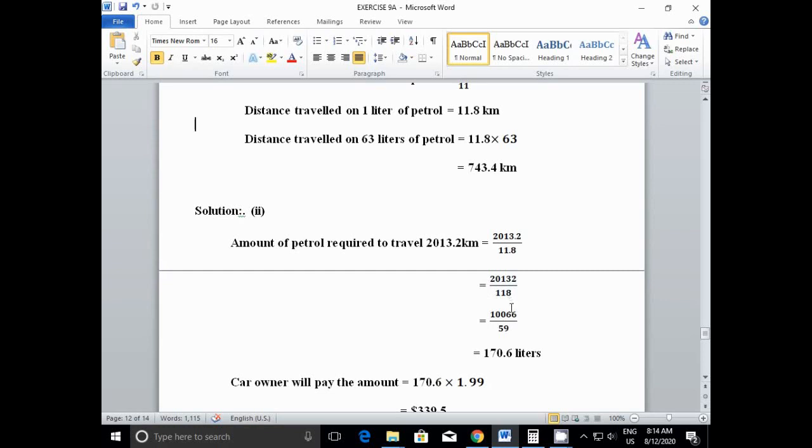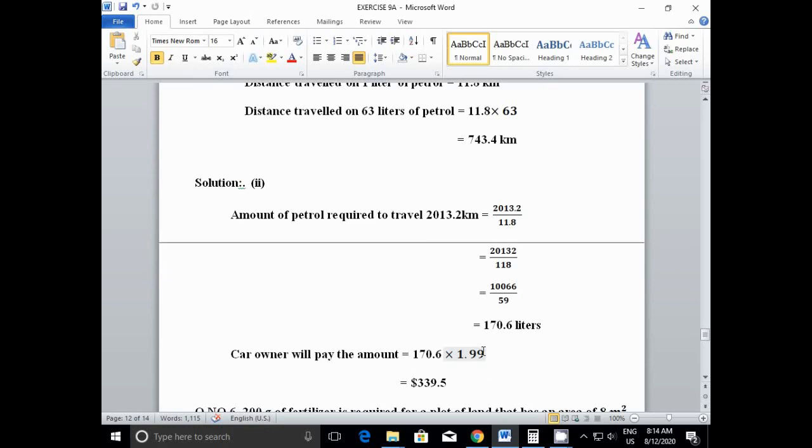Further, if we divide this numerator by denominator, we get the quotient 170.6 liters, which is the amount of petrol required to travel the distance 2013.2 kilometer. So if the car travels 2013.2 kilometer distance, it requires 170.6 liters of petrol. Now we can find the amount the car owner will pay to travel the distance 2013.2 kilometer.